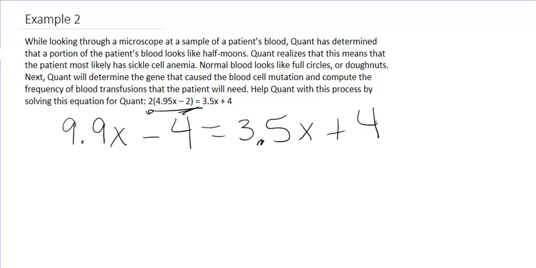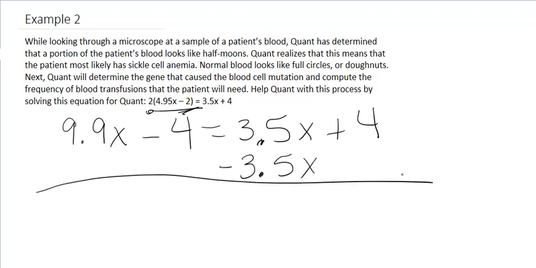So let us now get x by itself. So to start doing that, we will need to subtract 3.5 to both sides. So we get 0 here, plus 4 on that side.